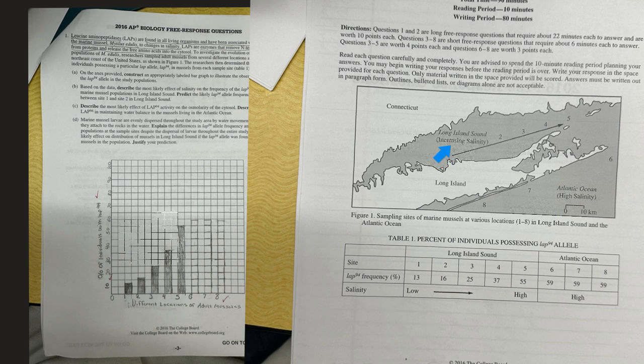He didn't read increasing salinity, so you go from 1 to 5. This is the max salinity here, and here these are all pretty much the same salt concentration. Why would it increase from here to here? Why would the salt concentration increase from 1 to 8? What's happening from the land when it rains? Fresh water goes in the ocean. So this is a mixture of fresh and salt water.